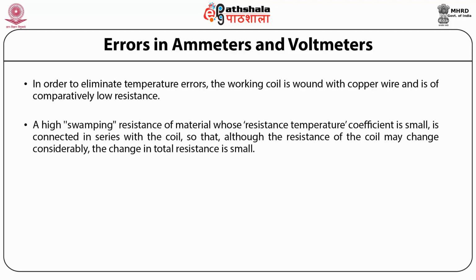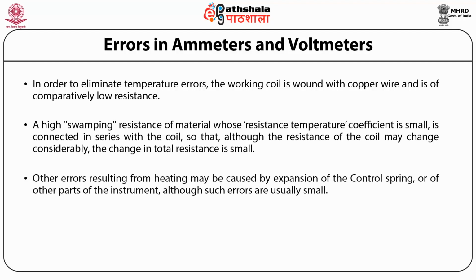A high swamping resistance of material whose resistance temperature coefficient is small is connected in series with the coil so that although the resistance of the coil may change considerably, the change in total resistance is small.